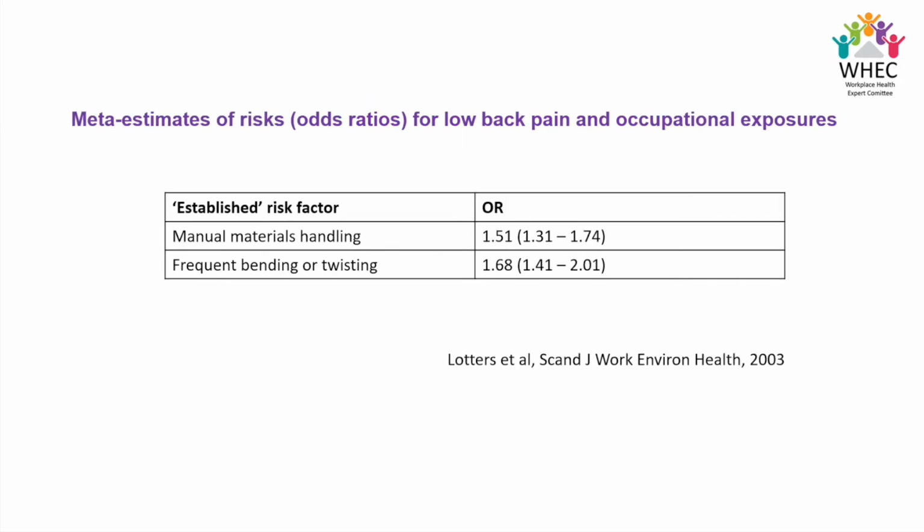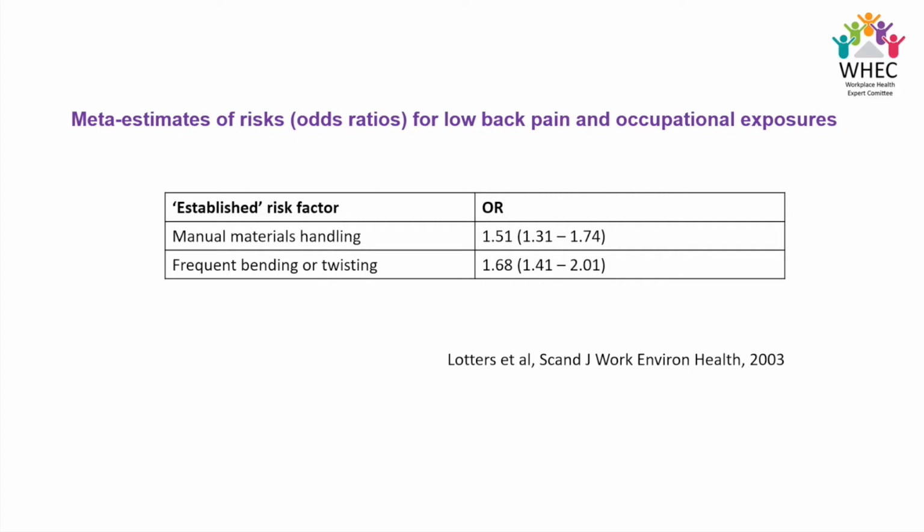In a meta-analysis of the relationship between low back pain and occupational exposures, Lotters and colleagues identified a number of established risk factors where the risk of low back pain in occupational groups was greater than in a comparison group.